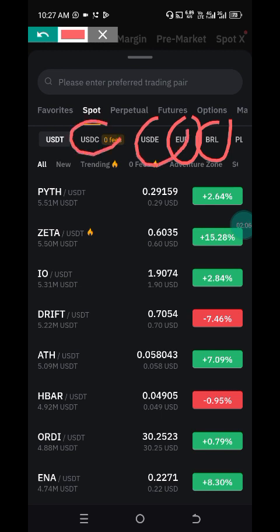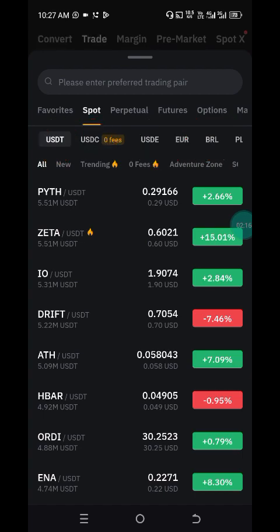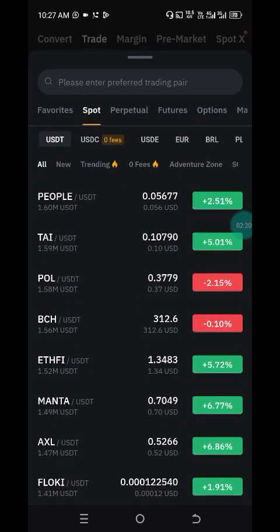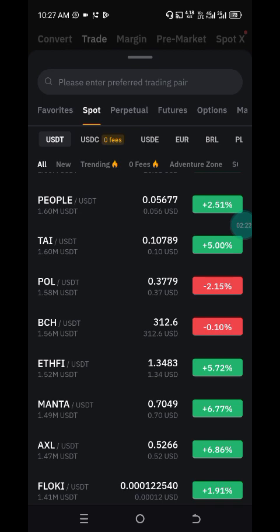So these are them: USDT, USDC, USDE, Euro, Brazilian, and so on. I'm going to use USDT. What you will see in here is just an exchange, meaning coin to stablecoin, from stablecoin to fiat money, which is the currency that your country uses, wherever the country is.